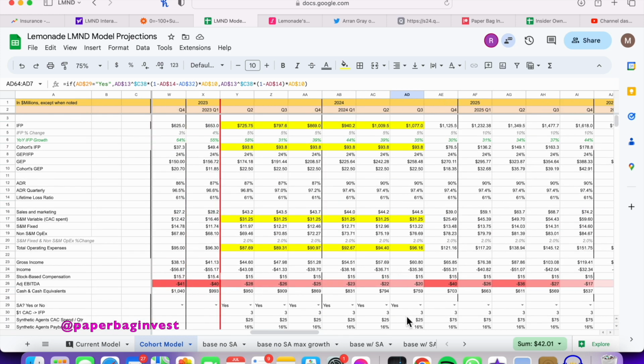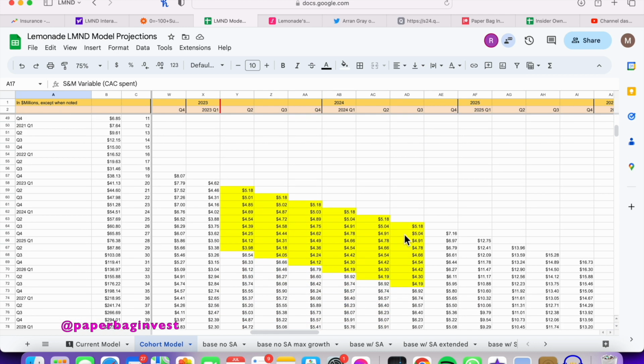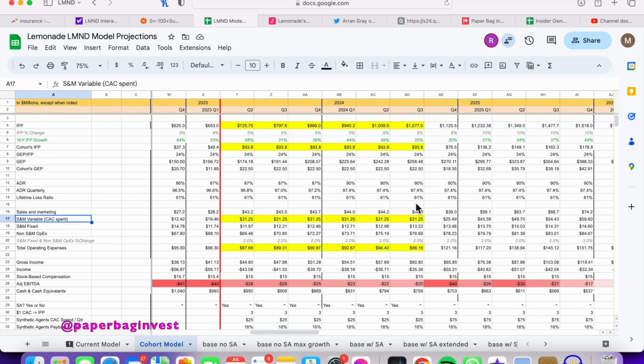You're reducing your operating expenses up here because the amount you're spending on customer acquisition goes down relative to the amount of growth you're actually experiencing, but then down below you're collecting less premium for the next 9 quarters or so as you're paying back the synthetic agents' dollars.